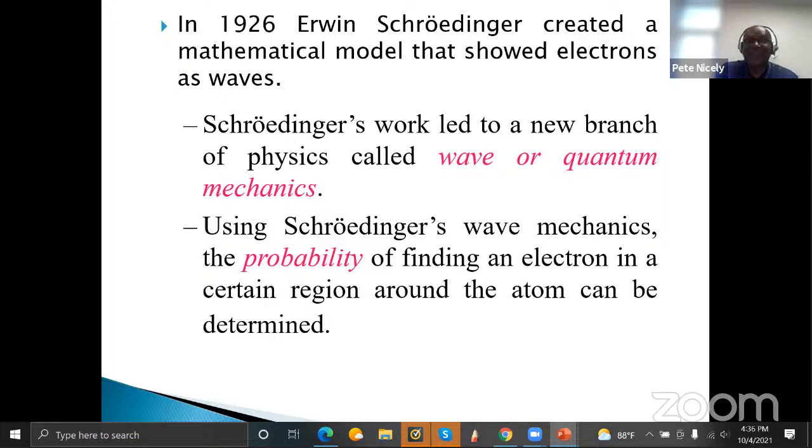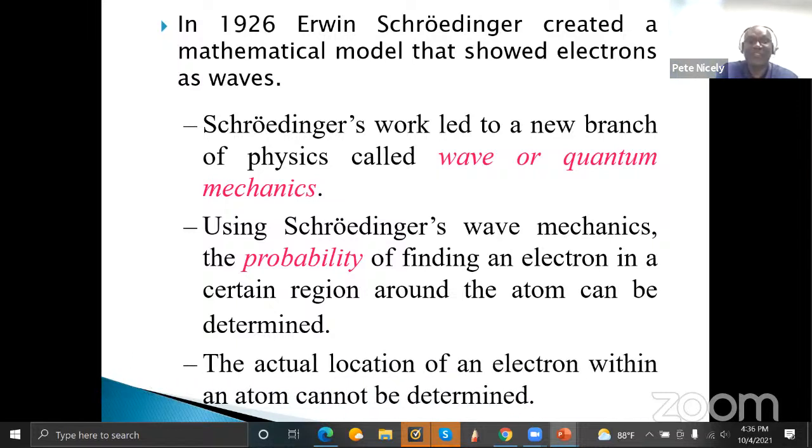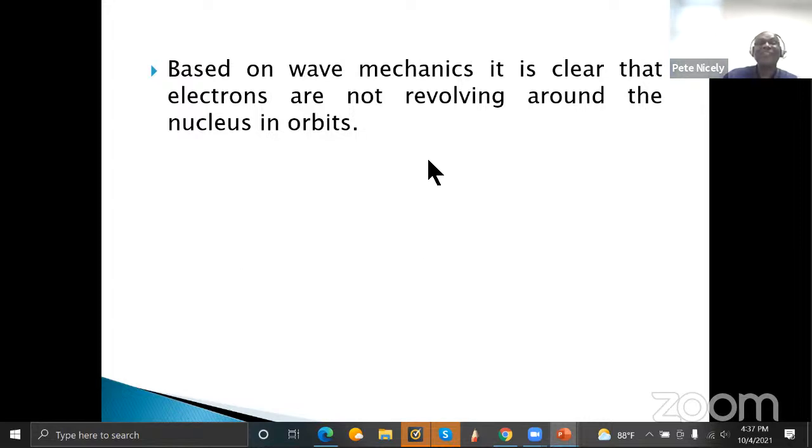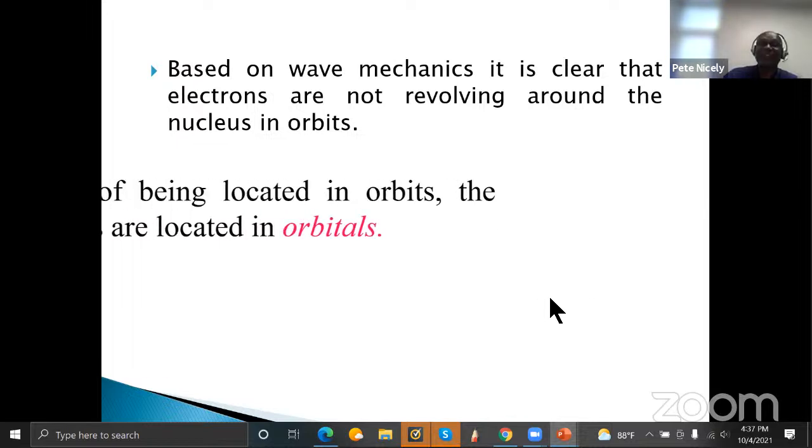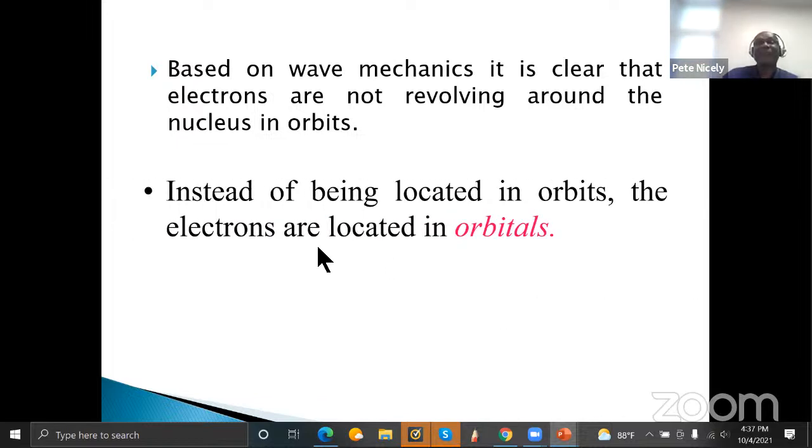They are located within a region of space called an orbital, all right? The consequence of his approach is that one cannot locate an electron at a particular time in an atom. The best we can do is talk about the region in space where there's a very high probability, above 90%, of finding an electron. So, based on wave mechanics, it is clear that electrons are not revolving around a nucleus in orbits.